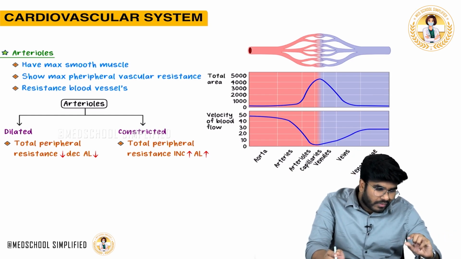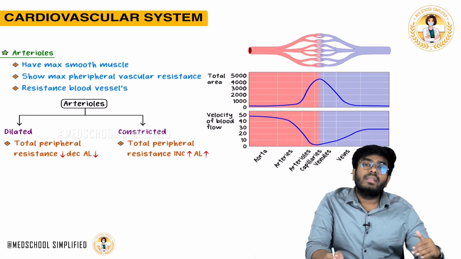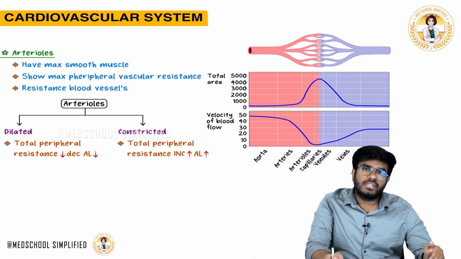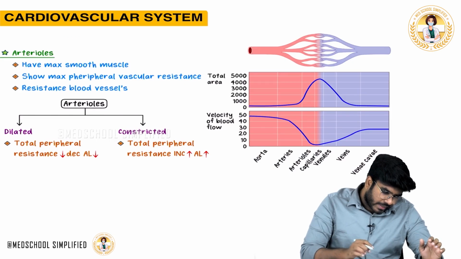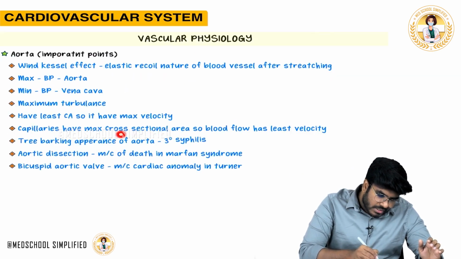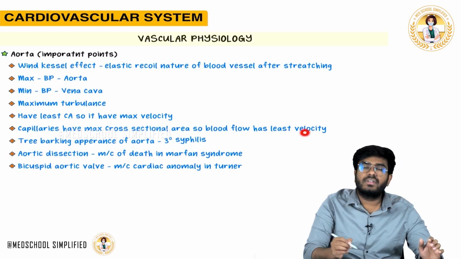Whenever the velocity of blood is slow, the gases exchange, waste product exchange, hormonal exchange, and nutrient exchange happen much better. So please concentrate here, guys. Capillaries have the maximum cross-sectional area, so the blood flow has the least velocity.